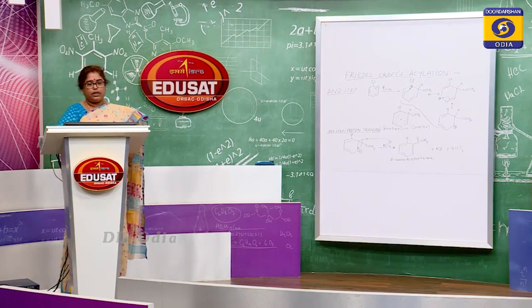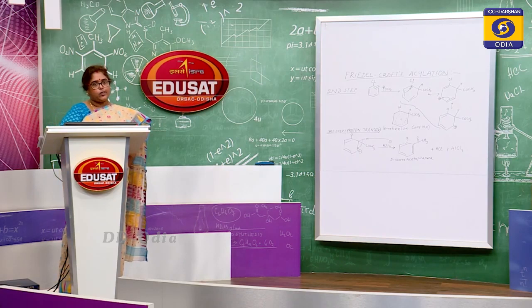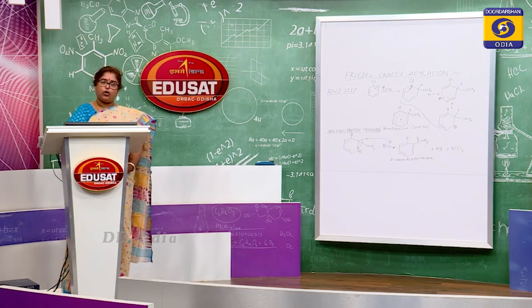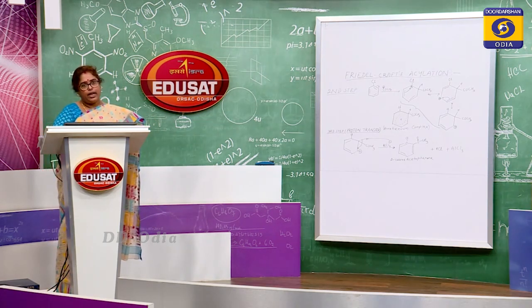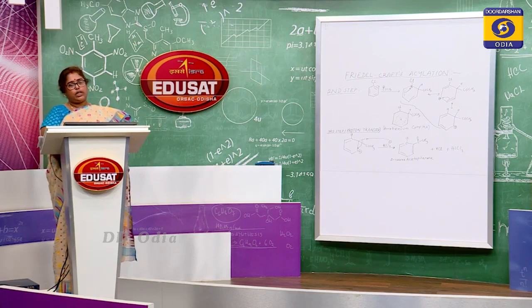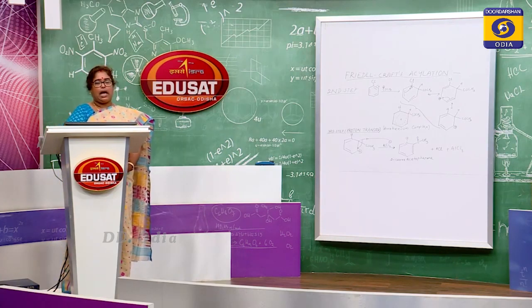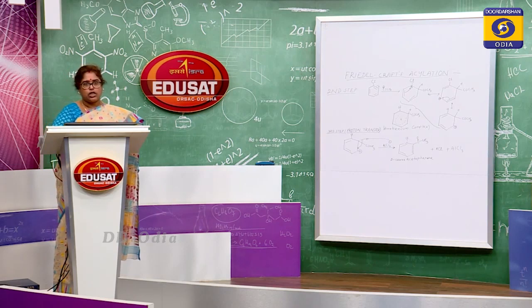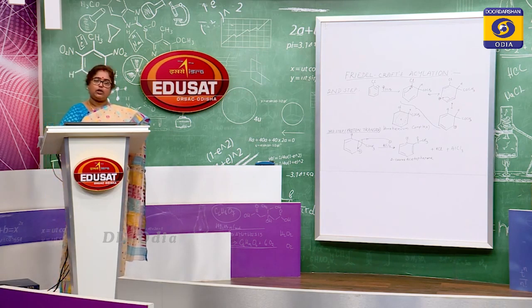We discussed the electrophiles, which are deficient in electrons: the nitration process where NO2 plus is the electrophile, the halogenation process where Cl plus is the electrophile, the sulfonation process where SO3H plus is the electrophile, and finally the Friedel-Crafts alkylation process where CH3 plus, and the acylation process where CH3CO plus, is the electrophile.